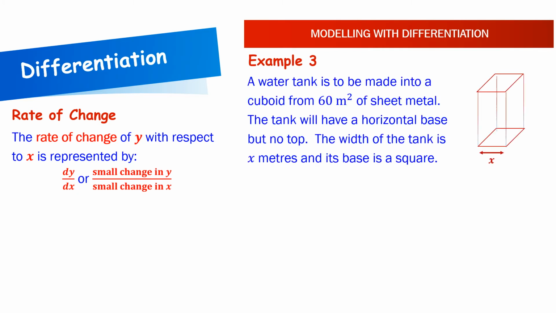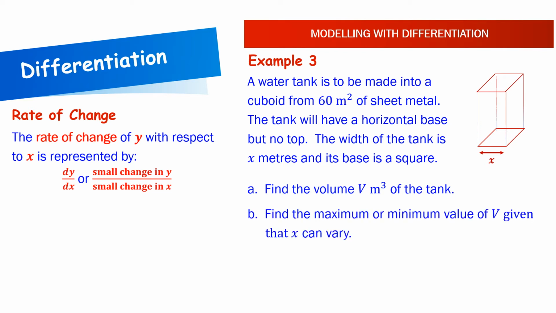A water tank is to be made into a cuboid from 60 meters squared of sheet metal. The tank will have a horizontal base but no top. The width of the tank is x meters and its base is a square. Firstly, find the volume V meters cubed of the tank.